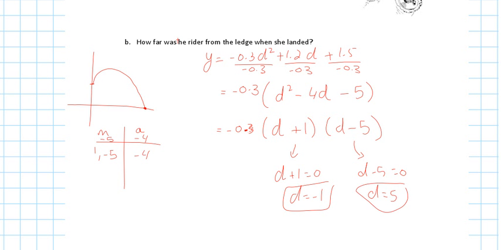In this scenario, what's happening here? You see that d is negative 1, right? We're not going to take that into consideration because that's behind her. She's standing already at the ledge, so we're not considering that. Where is she going to land? 5 meters away from the ledge.